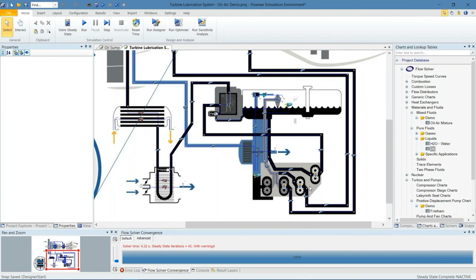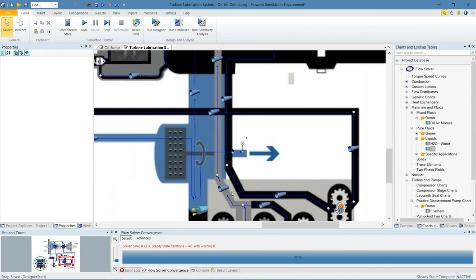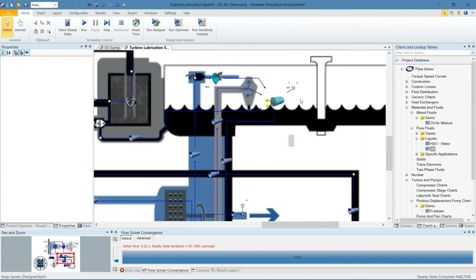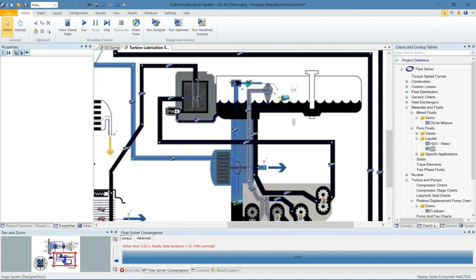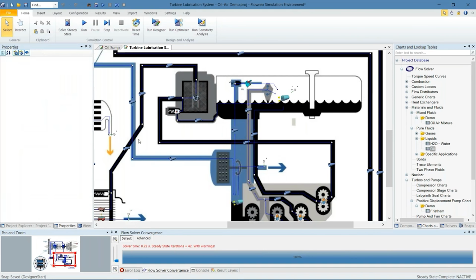If we then look at what happens from here, this oil flows from the scavenge pumps into the main oil reservoir at the top here. This oil reservoir is also connected to this other oil sump or small oil reservoir where the air is returning from that vent line.